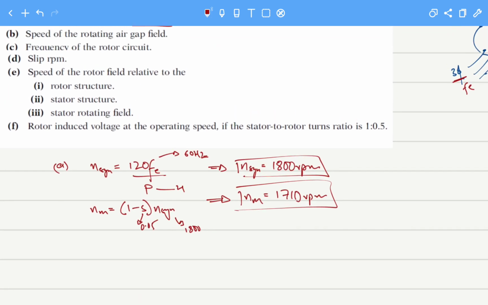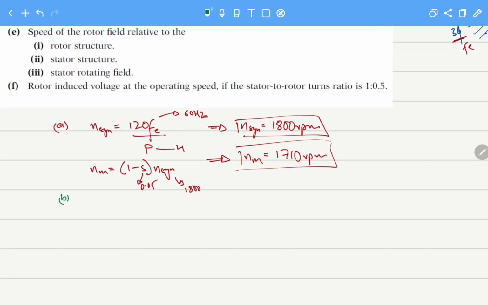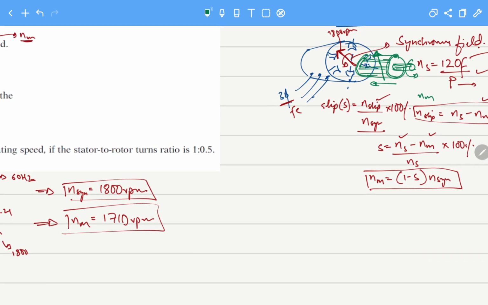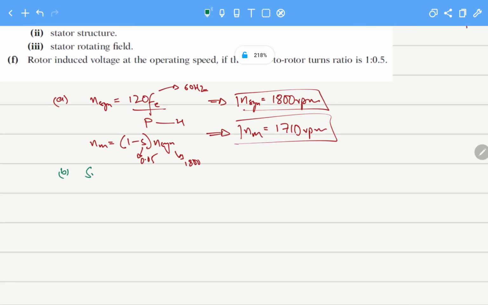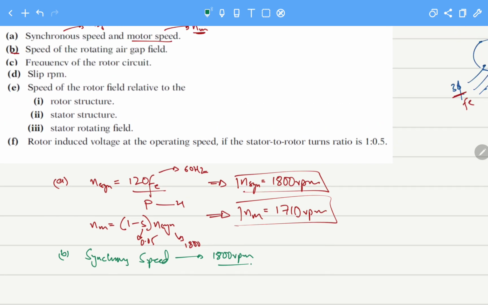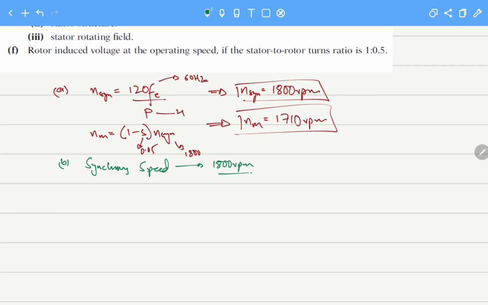Now part B asks: what is the speed of the rotating air gap field? Air gap means the gap between the rotor and the poles of the stator. It is actually the synchronous speed, the speed of the rotating field in the air gap, which is 1800 RPM.